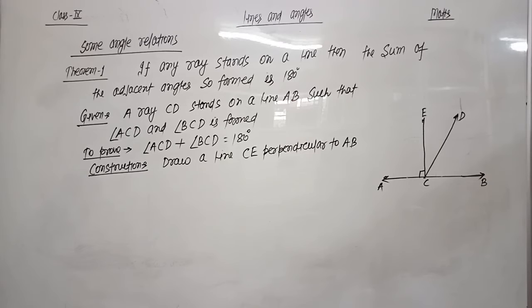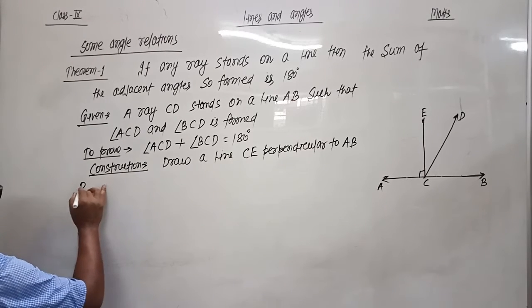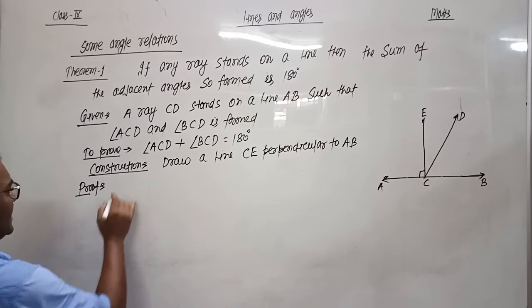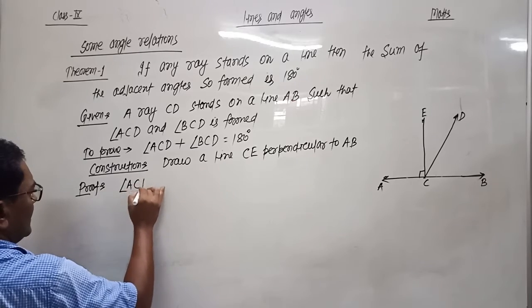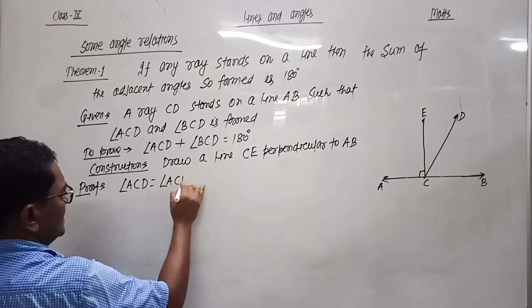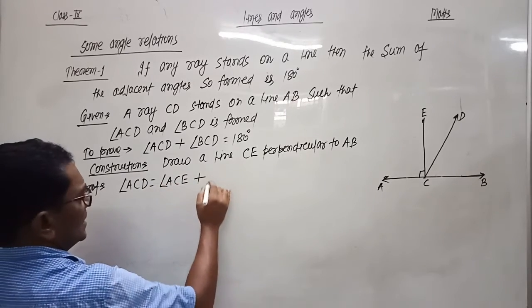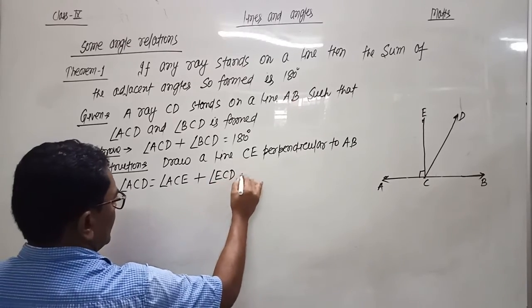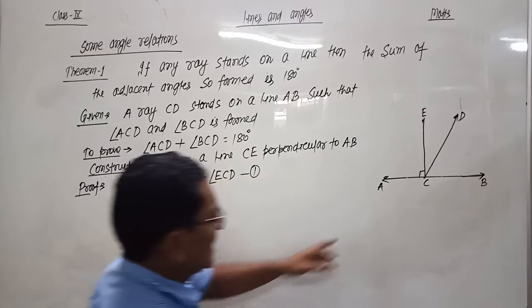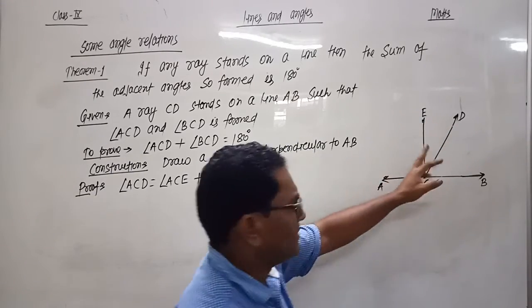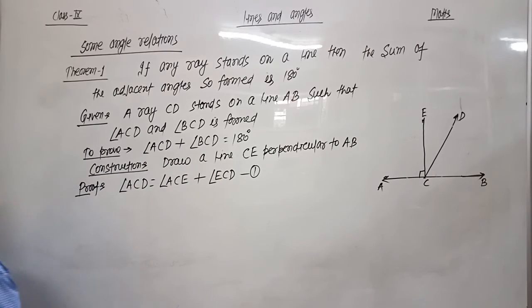Now we will prove it. Angle ACD can be written as angle ACE plus angle ECD.